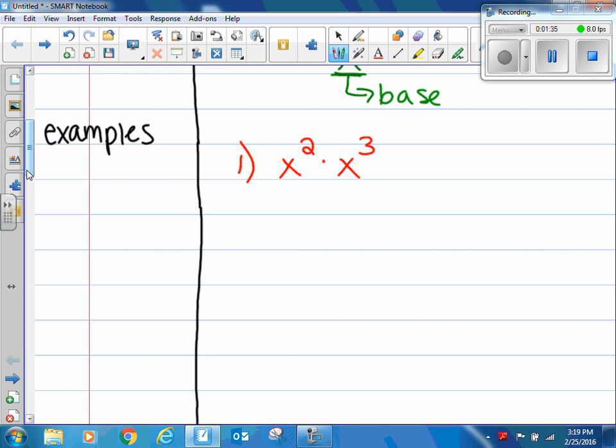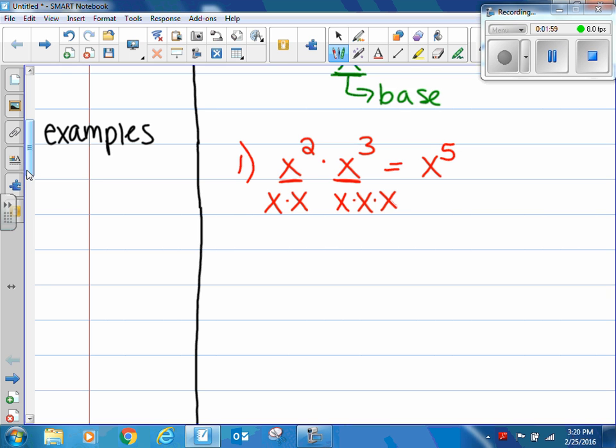Because they both have a base of x, I can just combine this by adding the exponents. I have a 3 and a 2, so my new value is x to the fifth. And why that is, because if you have x squared, you have x times x, and with x cubed, it would be x times x times x. How many x's total do you have? Well, you have 5.